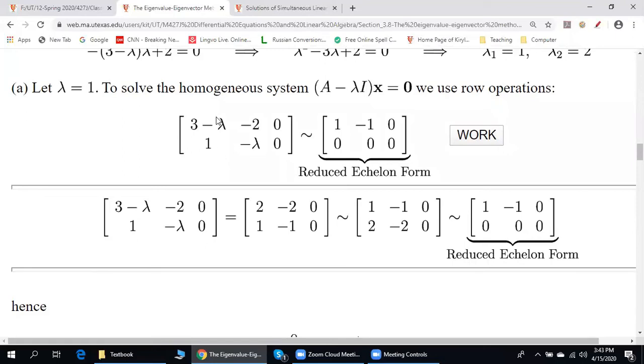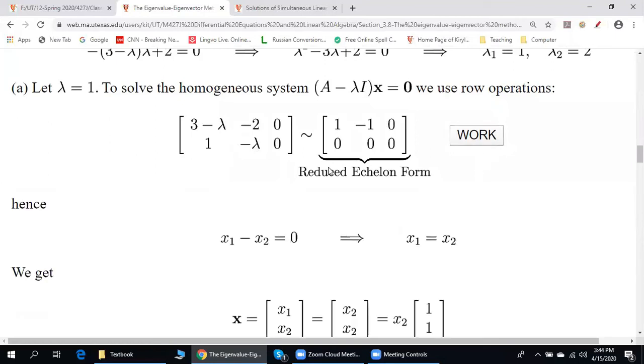Which means we replace first lambda by 1, done. We switch positions, done. And then subtract row number 1 multiplied by 2 from row number 2. Here's the reduced echelon form. After that, we write down the corresponding system.